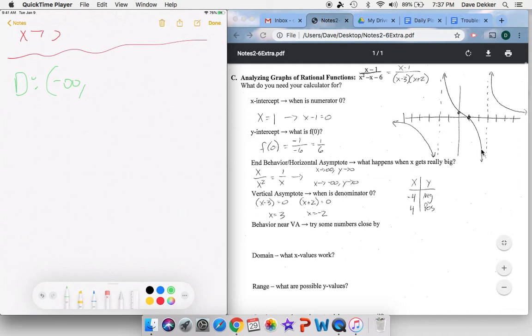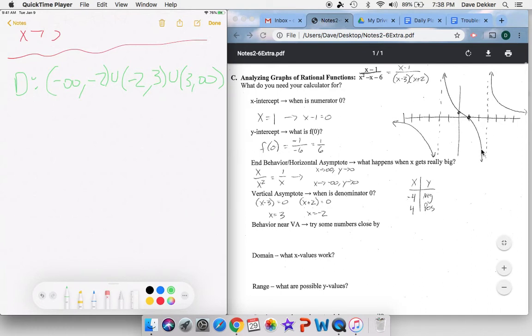We're going all the way to -2, but we're not going to include it. Let's undo that. We have a little u. We're going from -2 then to the next chunk, which ends at 3, another u, and then we're going to infinity. You could also say something like all reals except x equals -2 and +3. So lots of options for that.